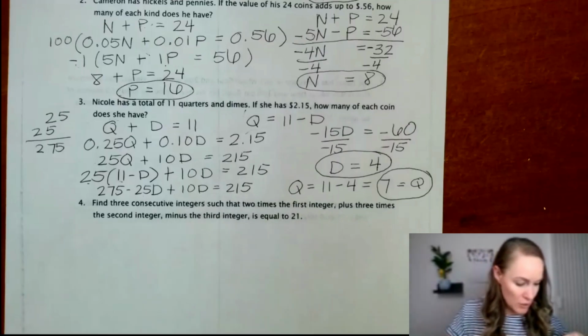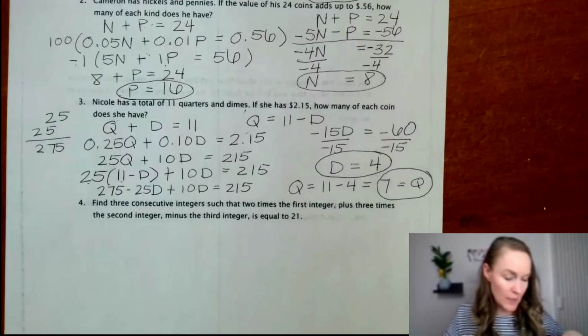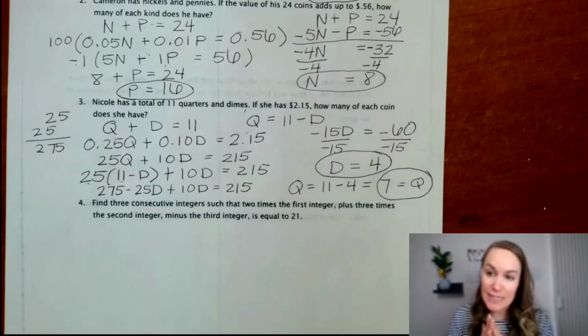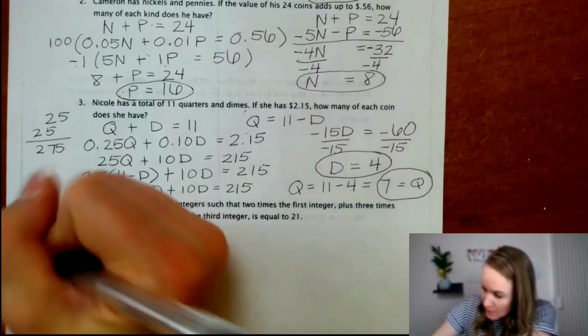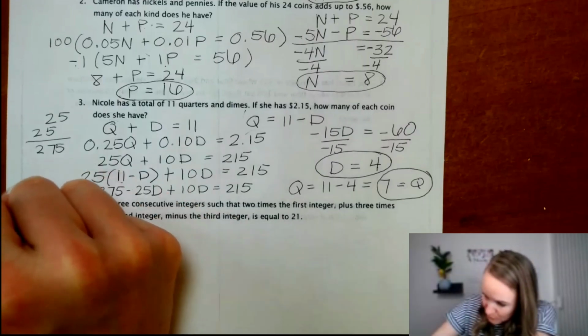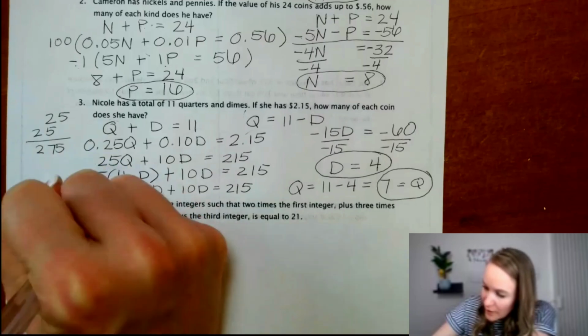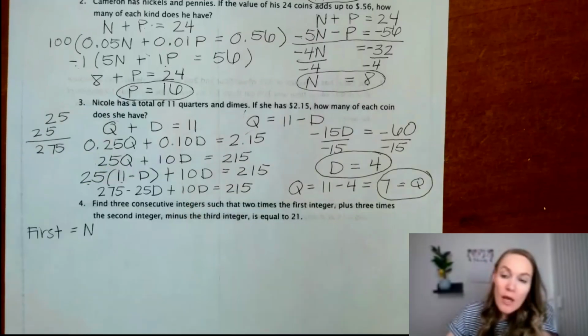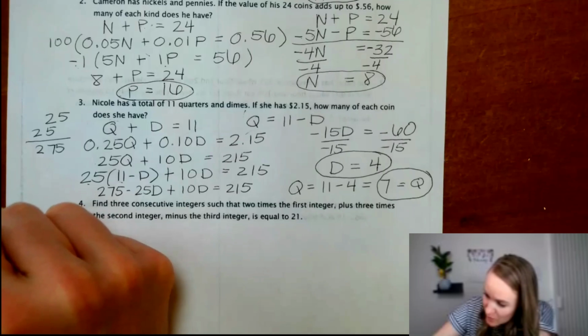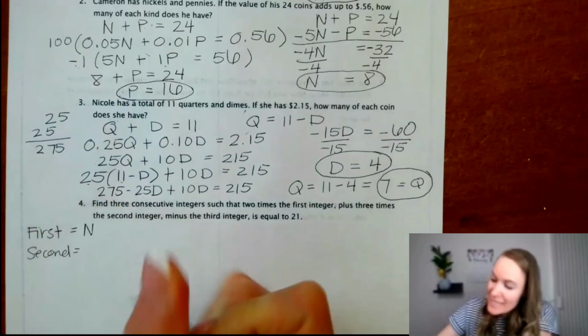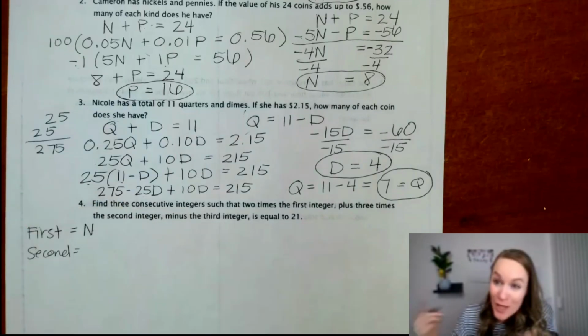Okay, so they are 3 consecutive integers. So the first could be a number, n, but the second integer is that number plus 1.